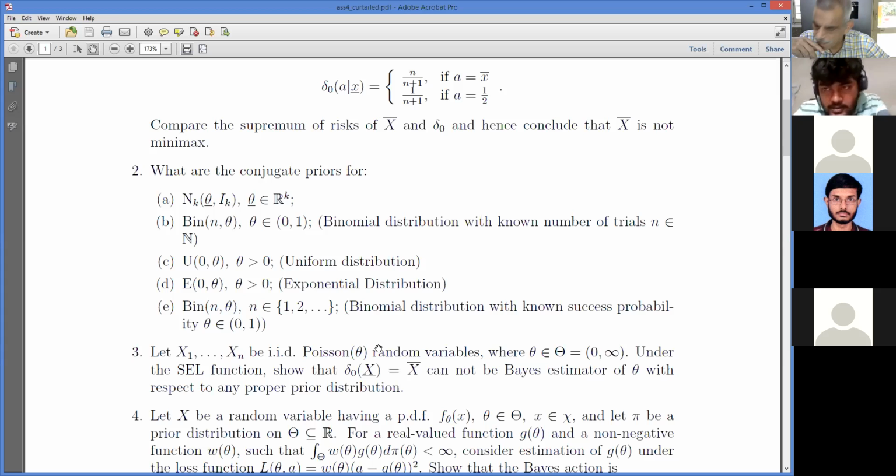So, sir, if it is asked to compute the prior distribution, can we compute it by considering one sample only? Yeah, in this case, normally I have meant one sample. Otherwise, I would have given you a sample of size m.